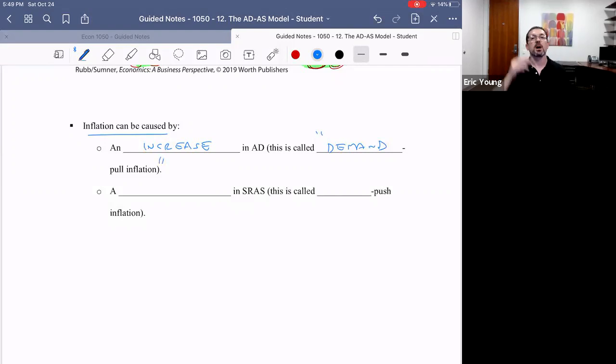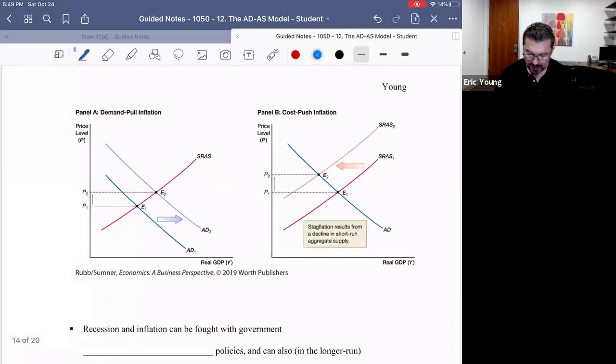So inflation can be caused by an increase in AD, which we call demand pull inflation, or it can be caused by, again, what we just saw, a decline in SRAS. We would call this cost push inflation, okay? We see right here, we'll go through them really quickly.